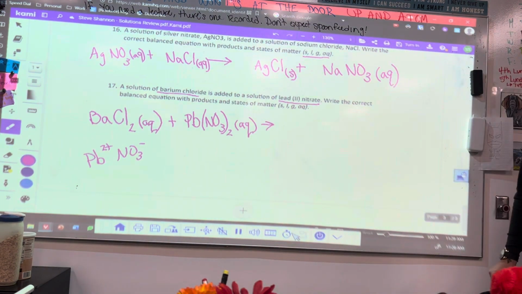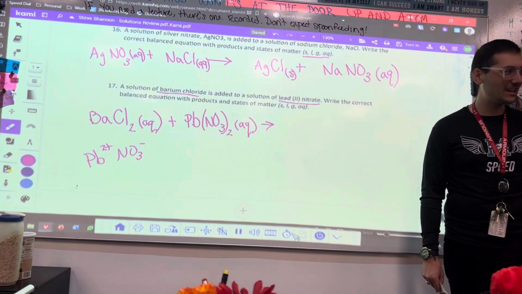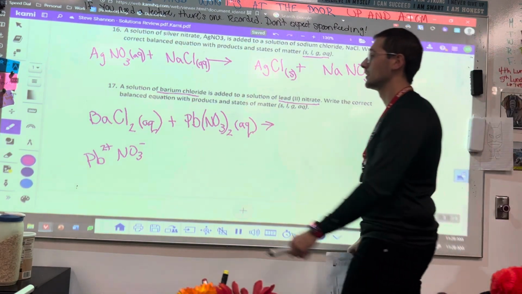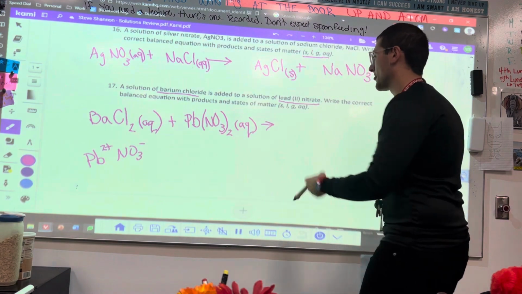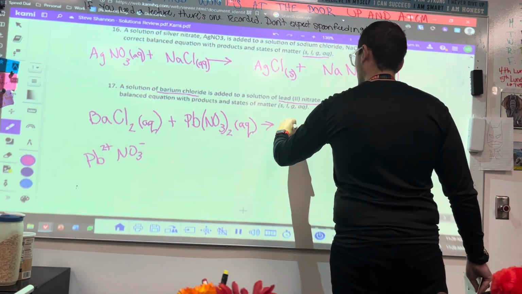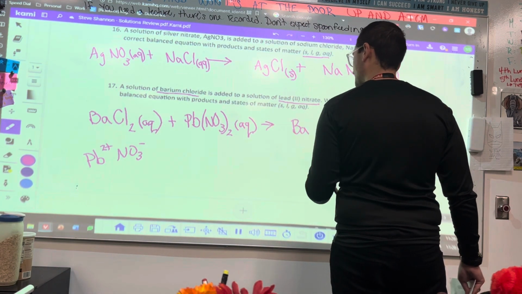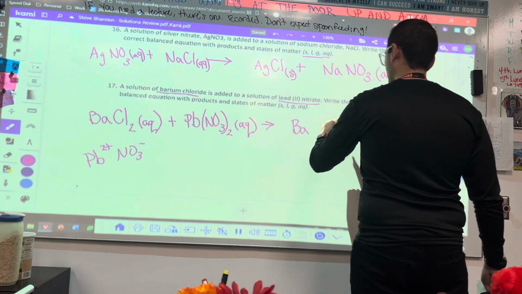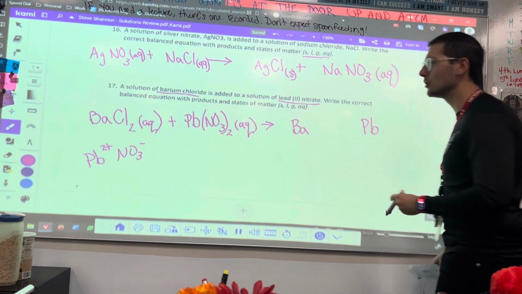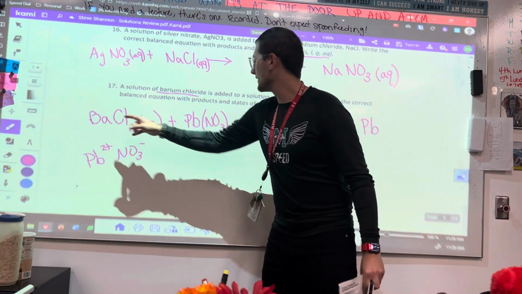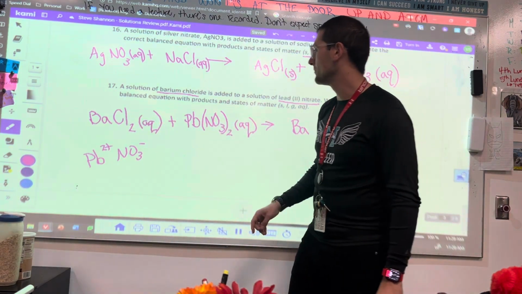Now I'm ready to form my products with the same double replacement steps. So I'm going to keep barium in its place, and I'm going to keep lead in its place. So barium now gets to bond with NO3.